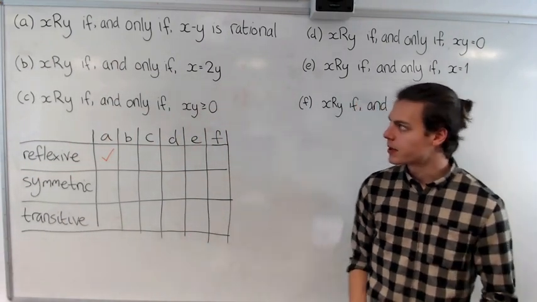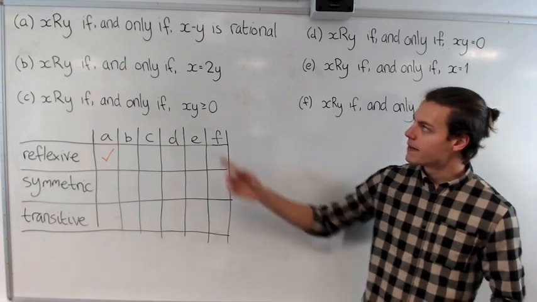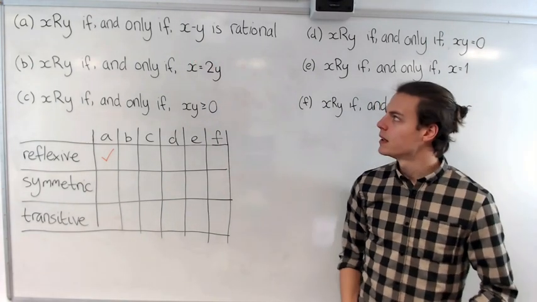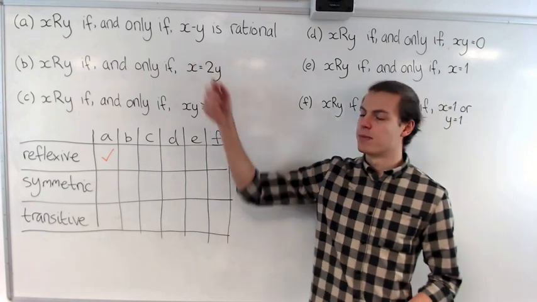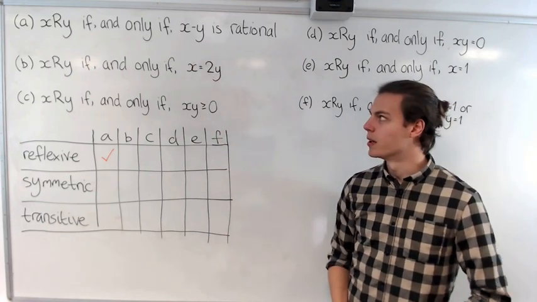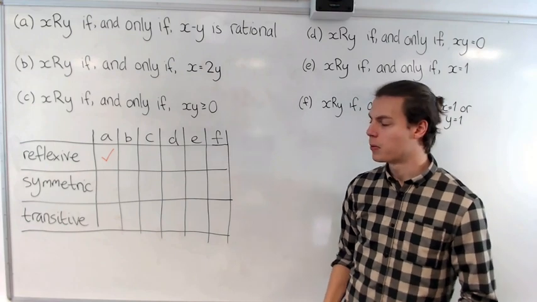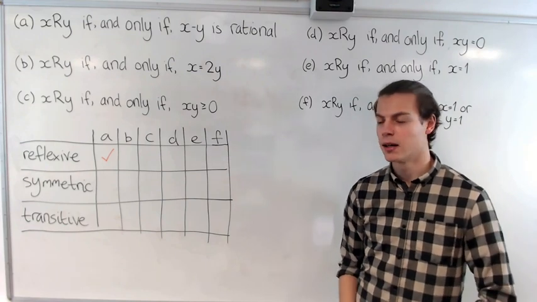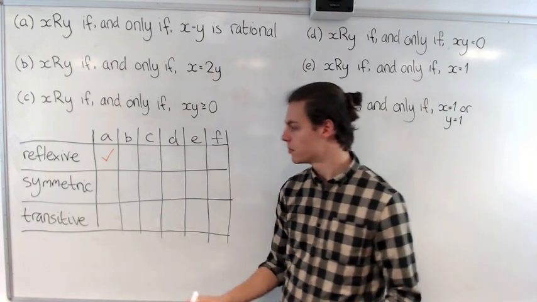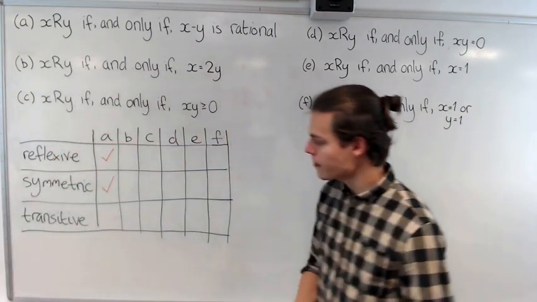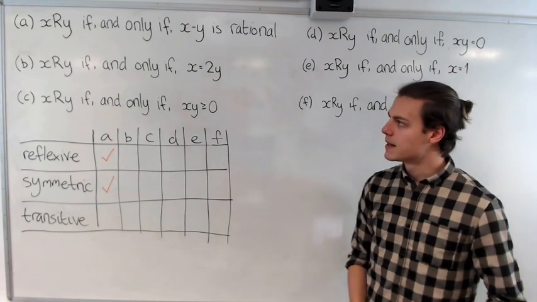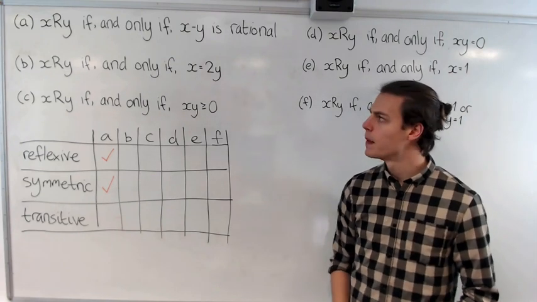Is this symmetric? Well, if x minus y is rational, then y minus x is rational, right? Say x minus y is a rational number r, well then y minus x is just minus r, which is rational. And is this relation transitive?